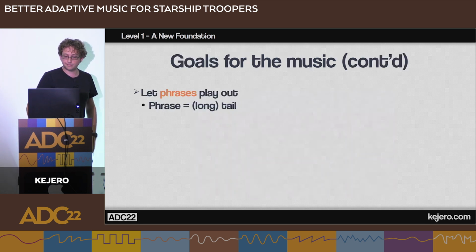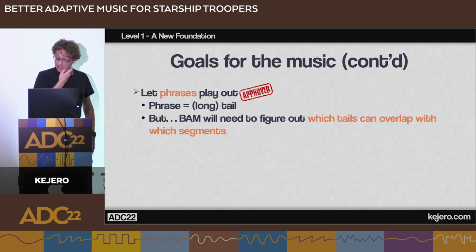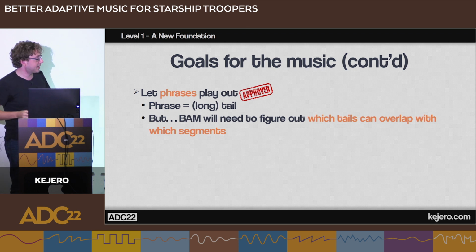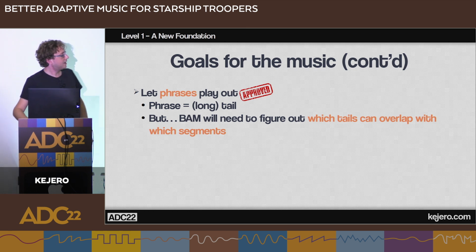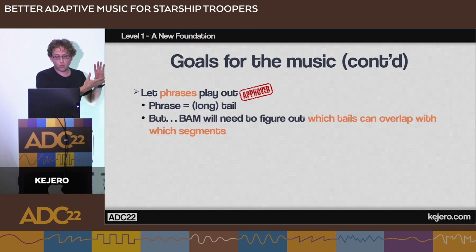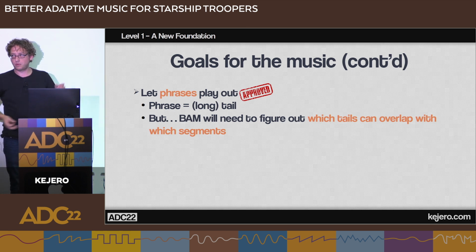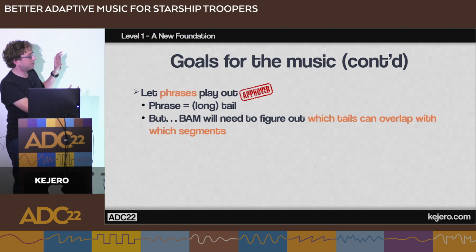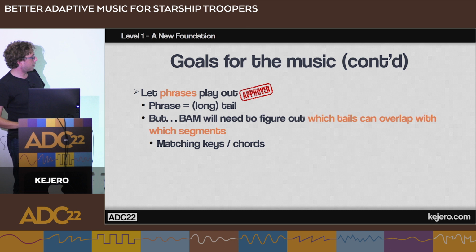Problem solved. Well, not exactly. We still need a system that can then figure out if that melody is playing, which other segments from completely different cues can I place underneath that. Not everything will work.